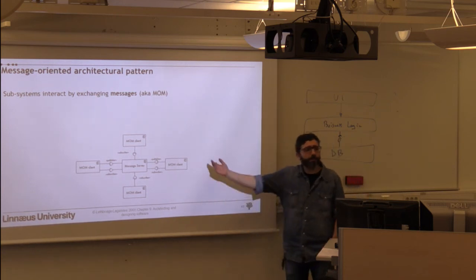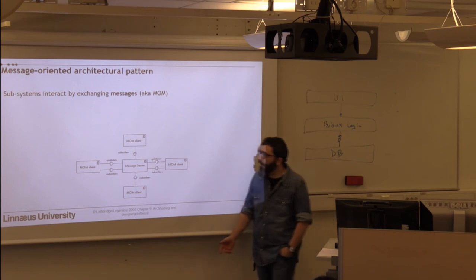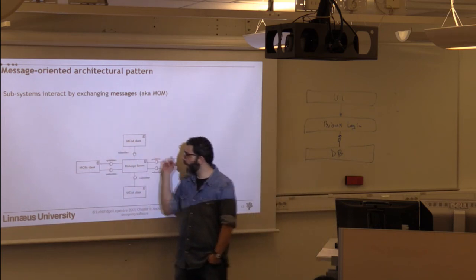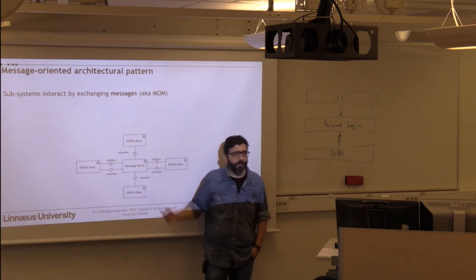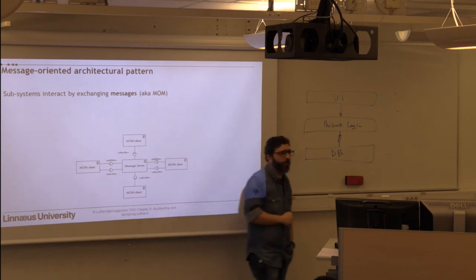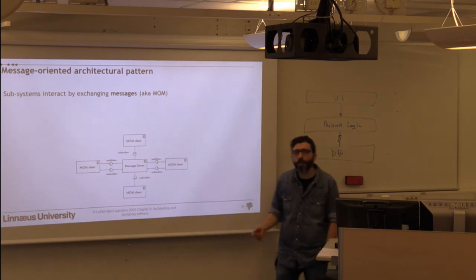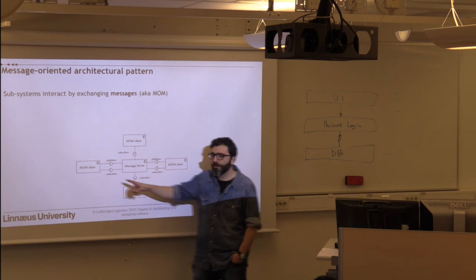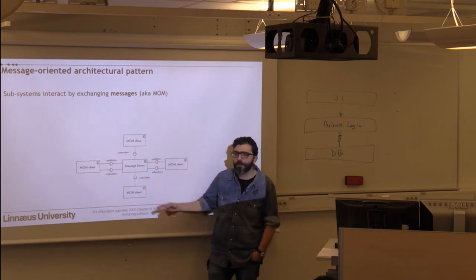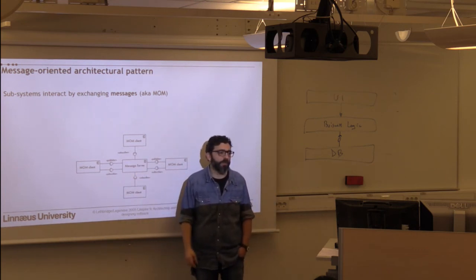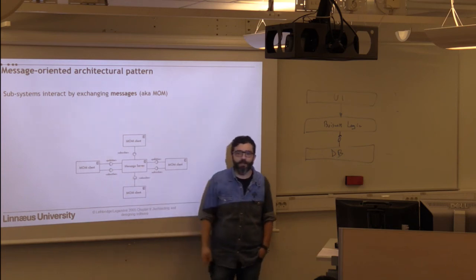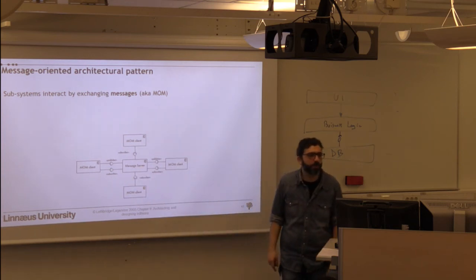That's something that we use every day. We have different clients that interact with each other by means of messages. Me and my mom, two different clients that interact with each other by means of WhatsApp, which implements the message server.